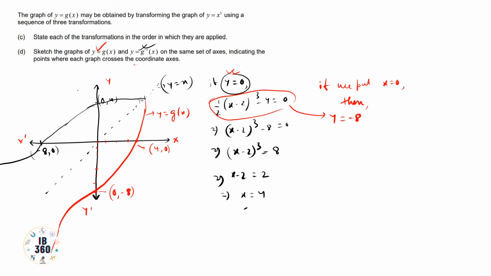The coordinates, as you can see, I am marking here: this is the coordinate for y equals g(x), and these are the coordinates for y equals g inverse of x. Always remember one thing: if the function has an inverse and you know the graph of the function, then you can draw the inverse by creating the mirror image in the line y equals x.